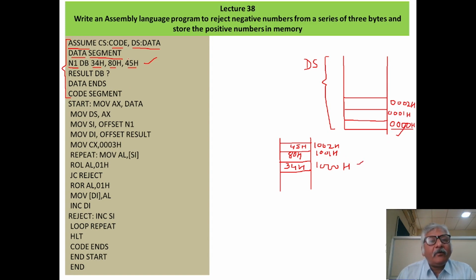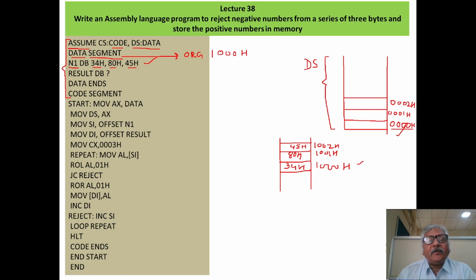So what we can do here, after writing the data segment, is write ORG, origin, 1000H.